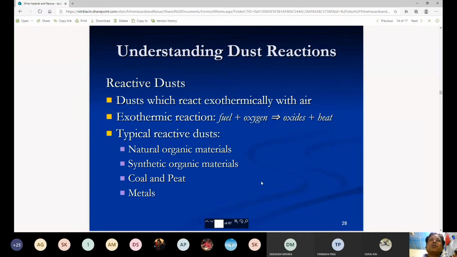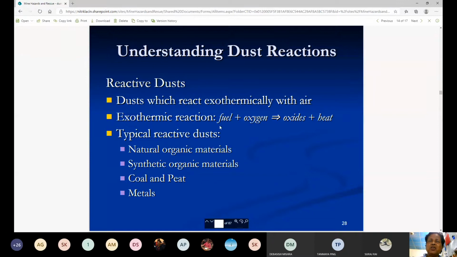Next, the reactive dusts. Which dusts are called reactive dusts? Coal dust is reactive, meaning there will be a reaction. Dusts which react exothermically with air are called reactive dusts. Air means oxygen. So what is an exothermic reaction?